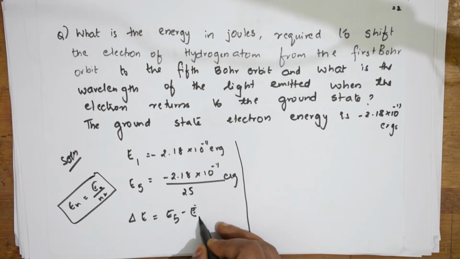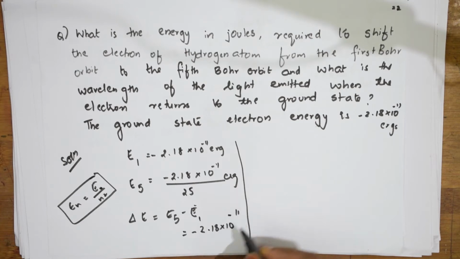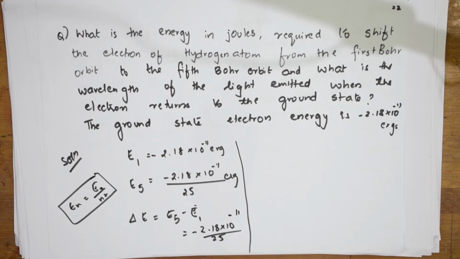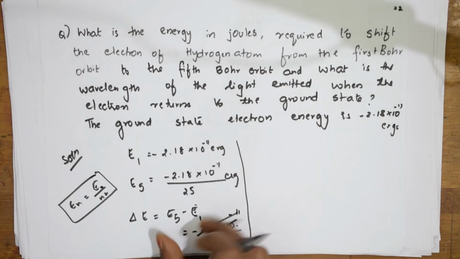So delta E is equal to minus 2.18 into 10 raised to the minus 11 divided by 25, minus of minus, so plus. Let me write this here.